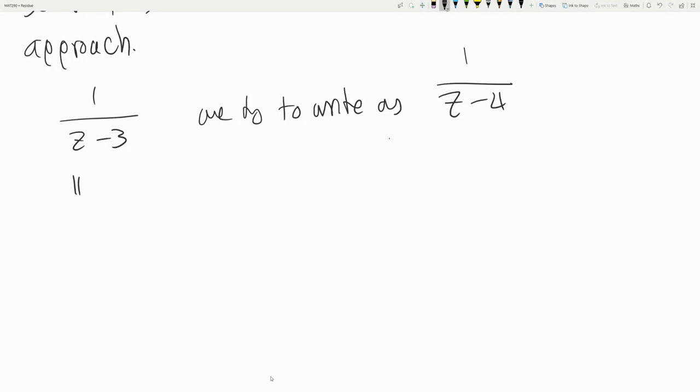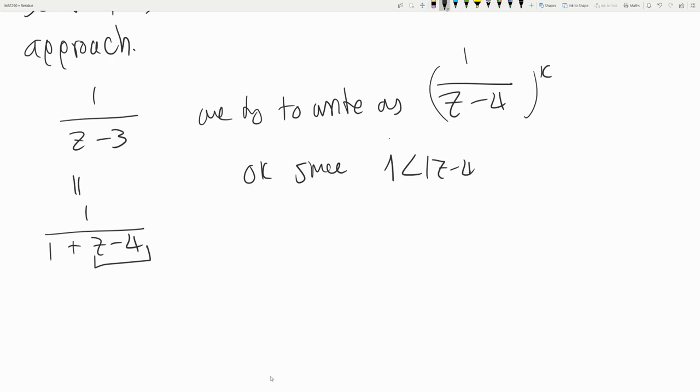Let's see. So first we add and subtract 1. So right away we got our z-4. Okay, but now we want to expand this, in order to write down a Laurent series. So the trick from the book is, since we have |1/(z-4)|, this implies that |1/(z-4)| is less than 1, right? Going from here to here, I just divide.